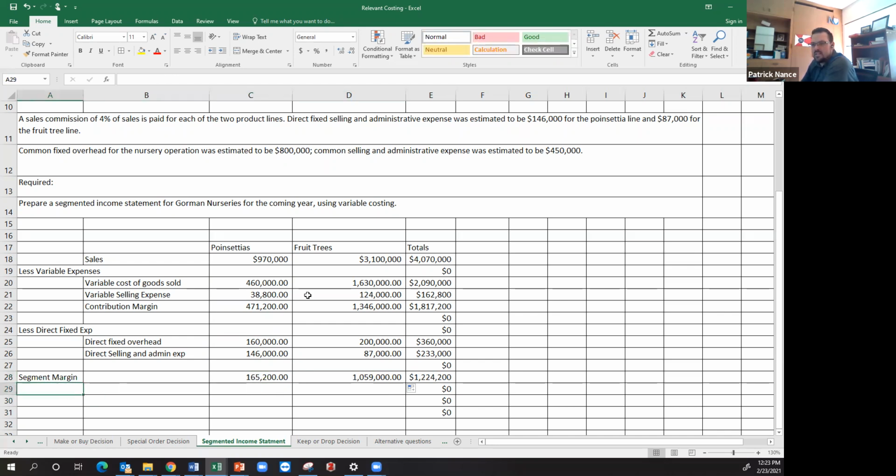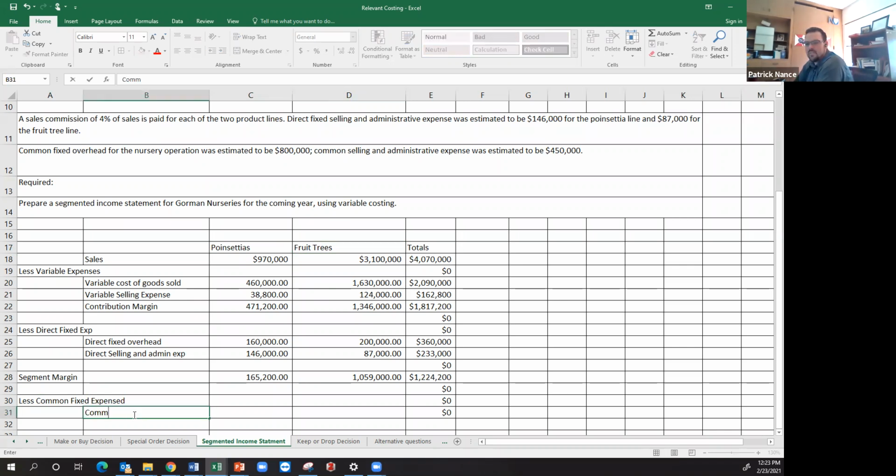This is really all of it for just the direct costs for the poinsettias and the fruit trees, but we do want to have an overall statement. So I'm also going to take out my common fixed expenses. Now these would not be relevant for making a decision about dropping one of these lines, if we thought about not doing poinsettias or not doing fruit trees. But if I'm making an overall financial statement, I still need to include these.